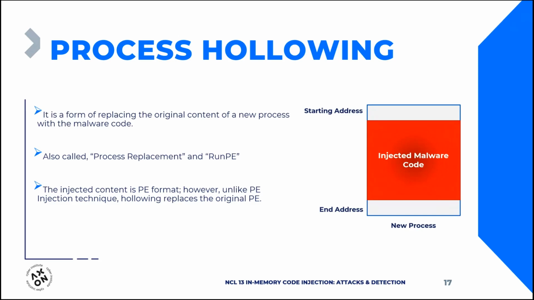It also has other names: process replacement, also called RunPE. So in the PE injection technique, my injected PE does not replace the original PE inside the process, while in process hollowing, I am fully replacing it, deleting the original PE and putting my own PE instead.